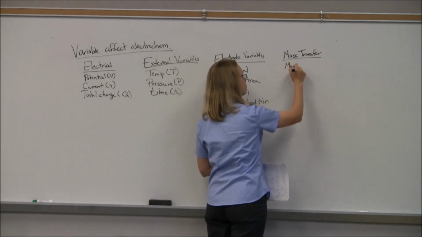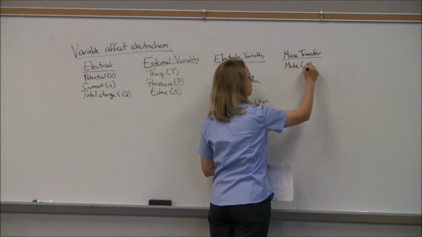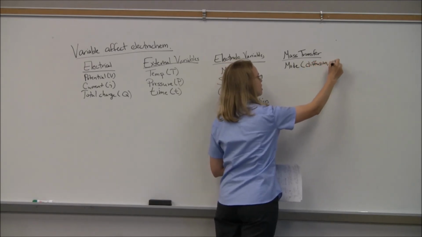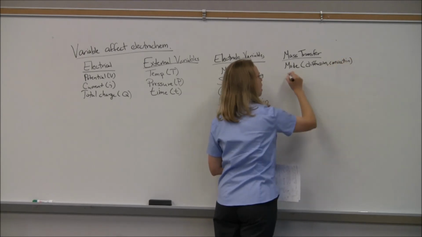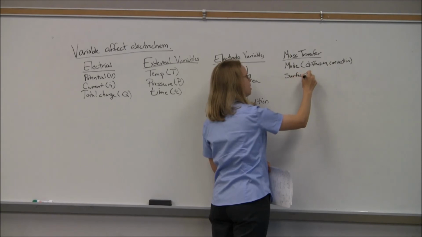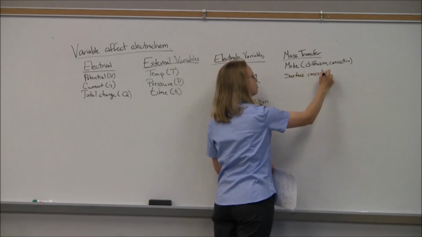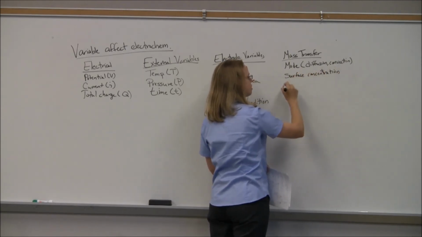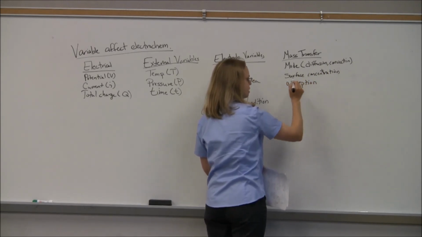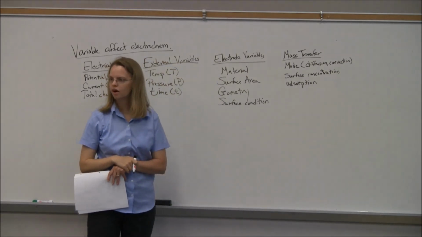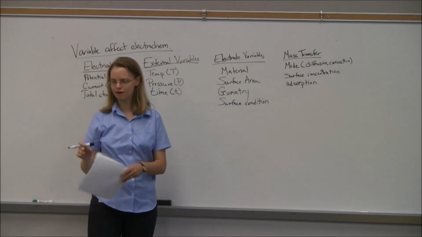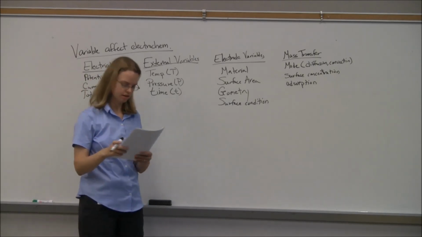So the mode of mass transfer can affect it, whether you're using diffusion or convection. For mass transfer, what we really care about is the surface concentration. And under mass transfer, I'm also going to put adsorption, whether or not something sticks to our electrode. That all goes together, and we'll get to a diagram where we try and link all of those together.